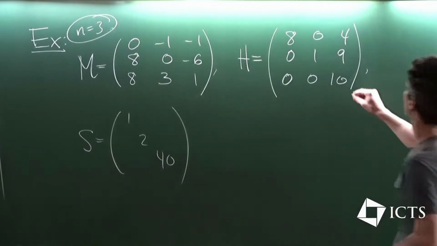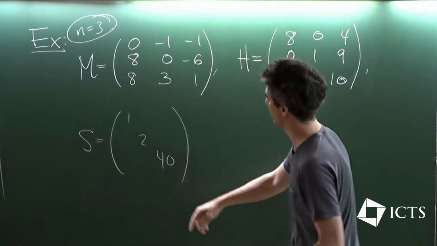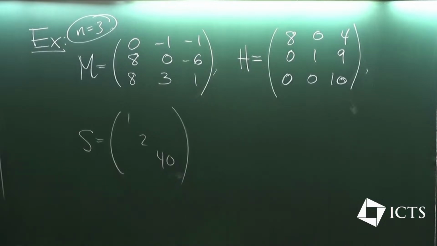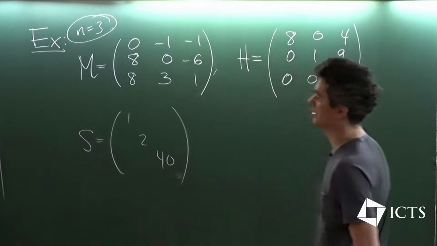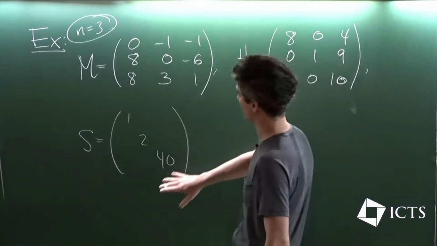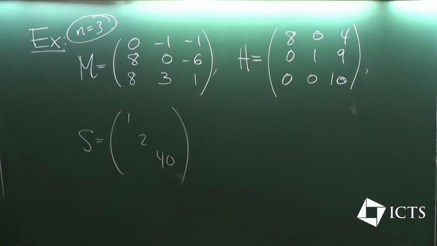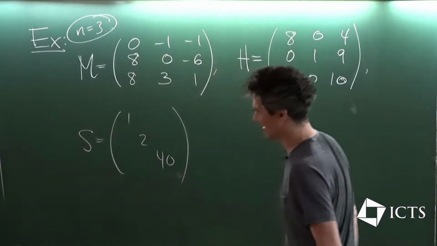So, of the many properties we could observe from these two normal forms, we can very easily see, either from this matrix or from this matrix, that the determinant is 80. But we can see a bit more of the properties if we're looking at this. If I think about this as a lattice, and I'll explain what I mean, we can start to see the type or the cotype of that particular lattice. Okay, so this is an example of an M, an H, and an S.